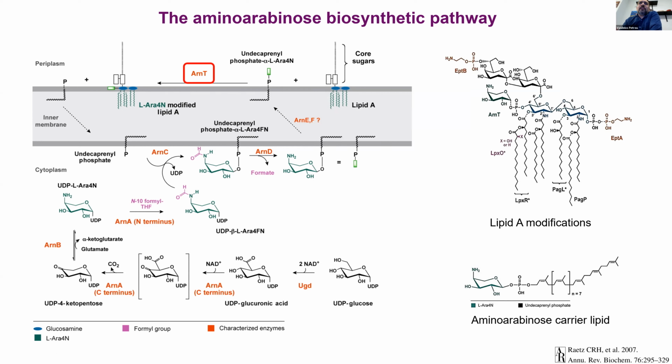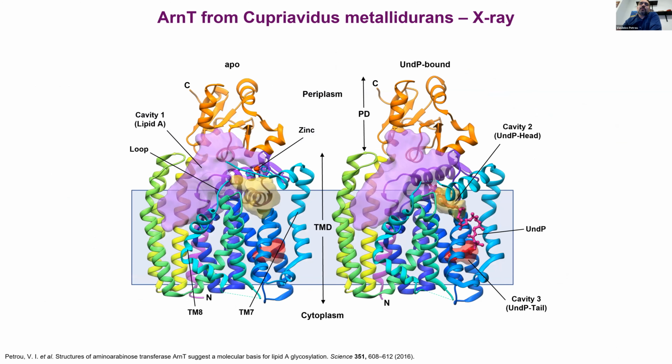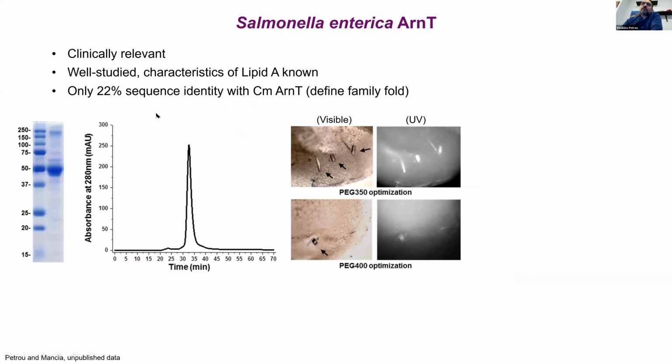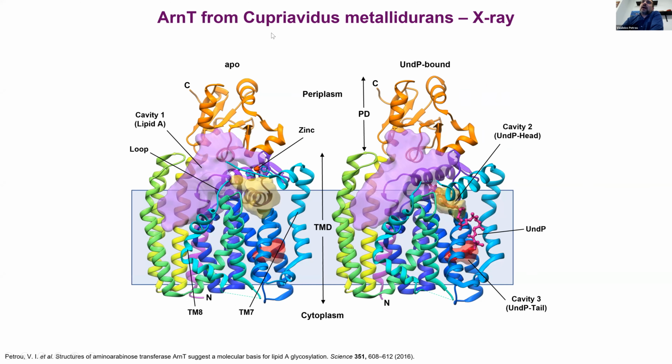So I'm going to tell you briefly first about ArnT, which spans most of my postdoctoral work before joining Rutgers. My first endeavor in X-ray crystallography and structural determination is the determination of the structure of ArnT from the extremophile Cupriavidus metallidurans.